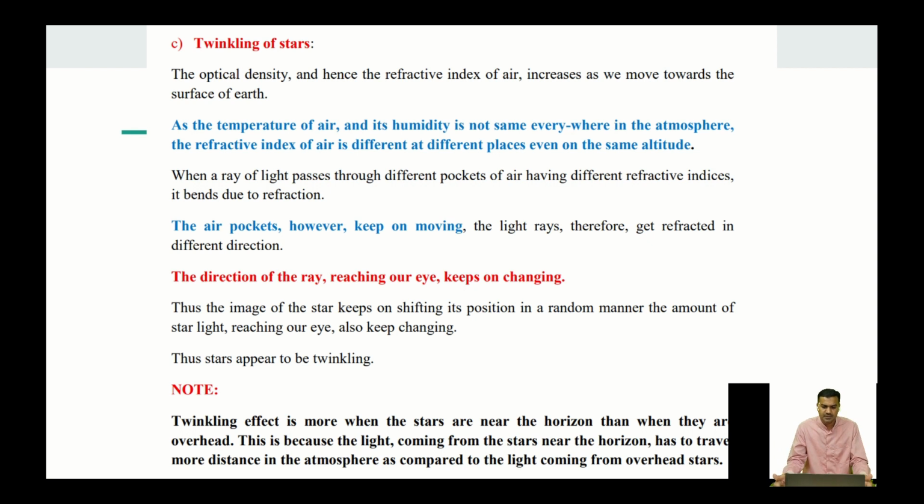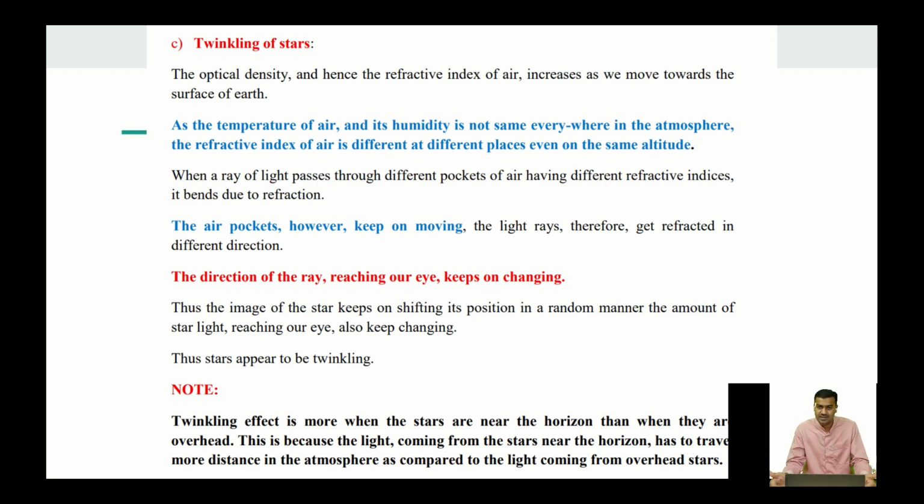Now, what happens? Very simple. The optical density, hence the refractive index of air, increases as we move towards the surface of the earth, as we studied in the case of mirage.